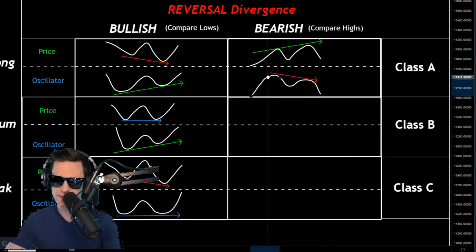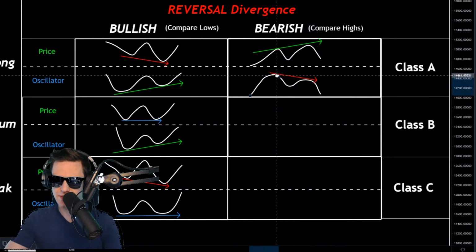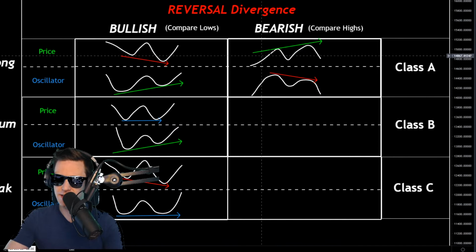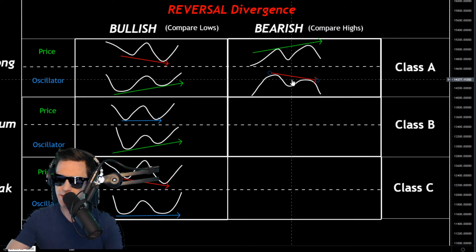And so I think this is pretty logical here. Your oscillator is kind of telling you about the strength, or what's going on behind the scenes of this price action, of the buying and selling. And so price is saying, hey, we're going higher, but your oscillator is saying, well, you're not gaining momentum.